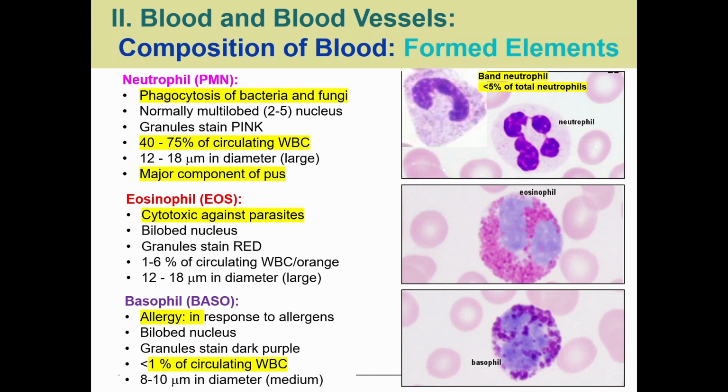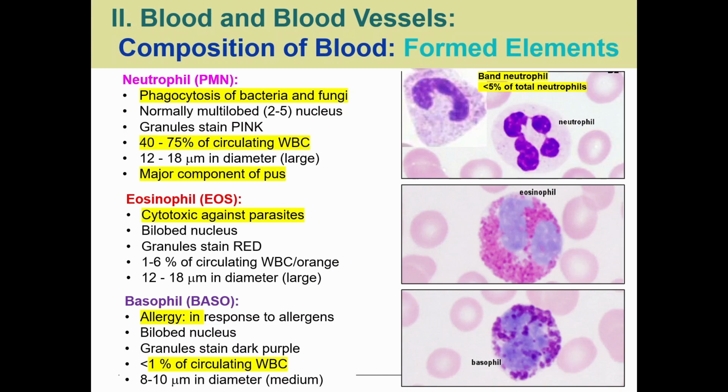Their nuclei are usually multi-lobed, so it almost looks like a string of beads, from 2 to 5 of these lobes. The granules tend to be a bit pink when they stain, and this is going to make up most of our white blood cells. So over half, for the most part, are going to be neutrophils.